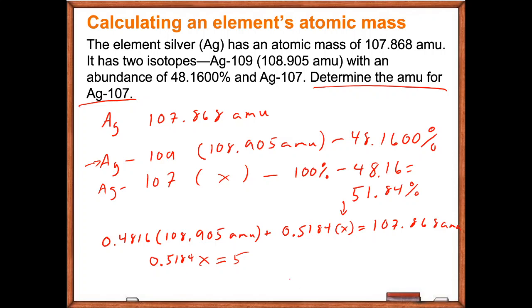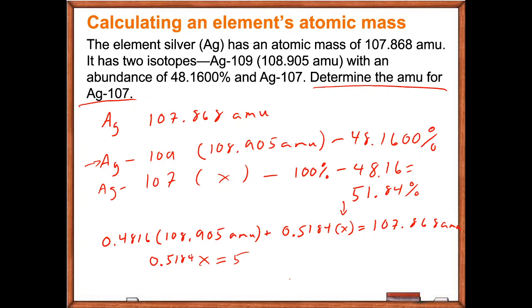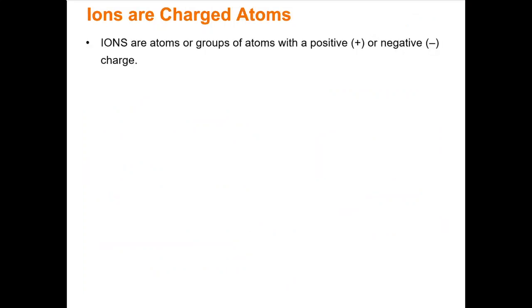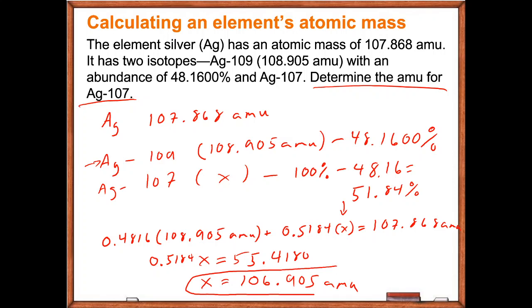Tablet is not doing what I want it to do right now. Come on now. There we go. And if you solve for x, I end up with 106.905 AMU. And that would be my final answer here.